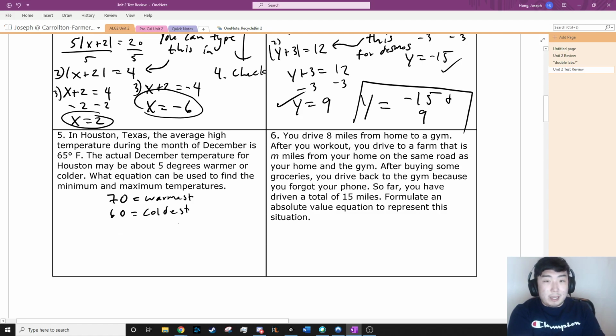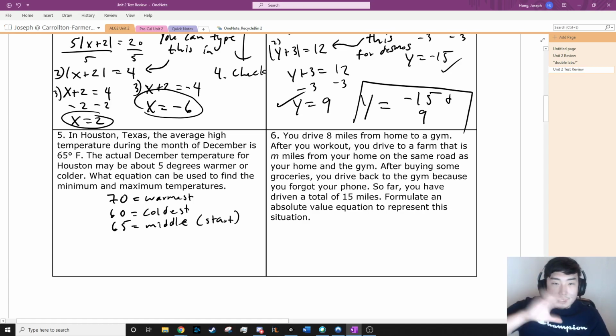So in my head, I'm thinking that 65 is the middle, or the start, because in this question, 65 is the starting point before we add or subtract this 5.